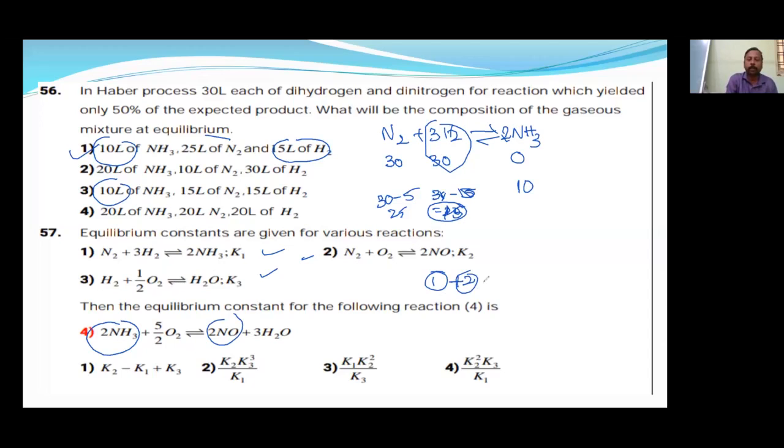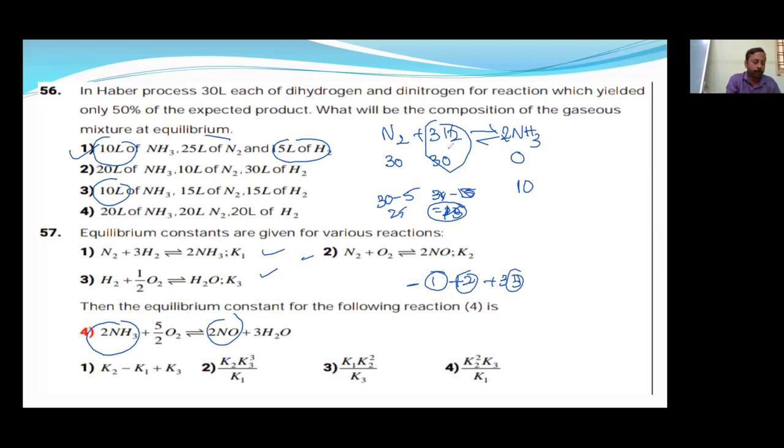So plus 3 into equation 3. Then accordingly you can get that. Here it is on the right side, there it is on the left side, so equation 1 will be minus. Wherever it is minus, that will be in the denominator.